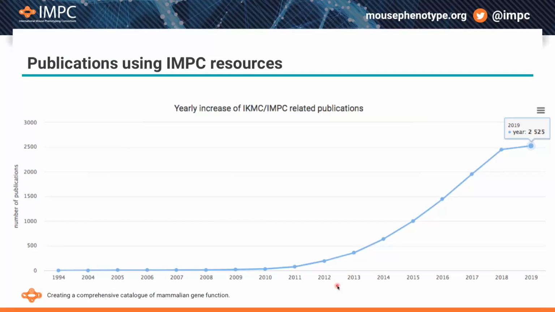It's still cheaper to buy a mouse from a repository than make one in this era of CRISPR. We know of over 2,500 papers that are using our mouse strains and, increasingly, just using our phenotype data, and that's included in here. So it's nice coming back to that ecosystem.